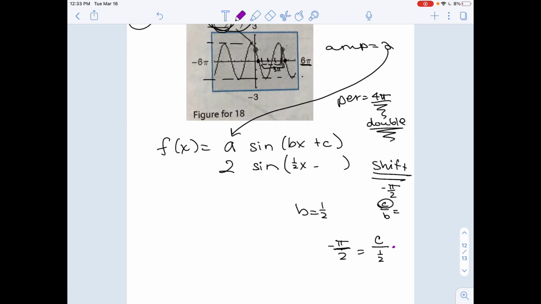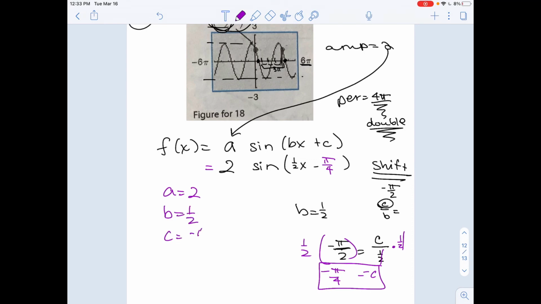So in order to get rid of this, I'm going to multiply by 1/2 to both top and bottom, and we get C equals negative pi over 4. And that's what we've got there. So A is 2, B is 1/2, C is negative pi over 4.